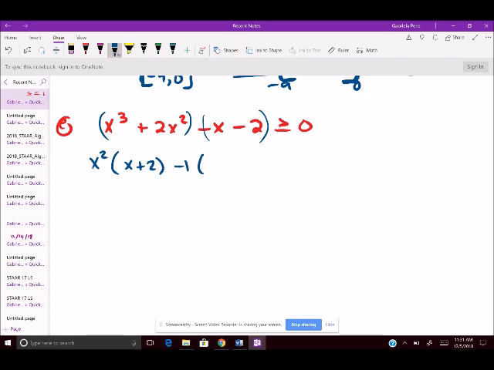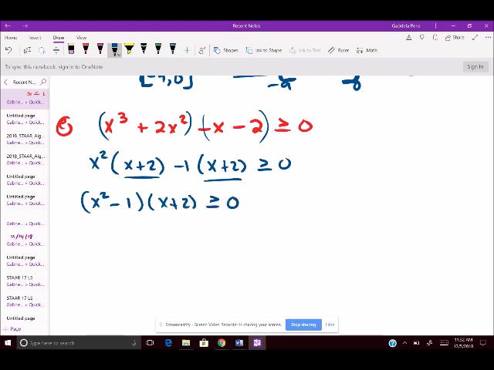And if you factor out a negative 1 from negative x, it's just x. And if you factor out a negative 1 from a negative 2, it's just a plus 2. So remember, when we do this, our goal is for these two to always be the same. And yes, that is the case. So this is x squared minus 1 times x plus 2 is greater than or equal to 0.